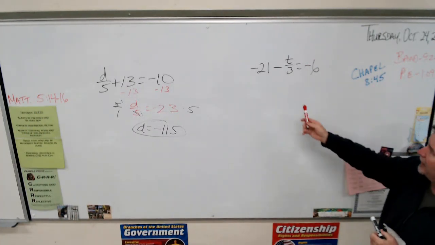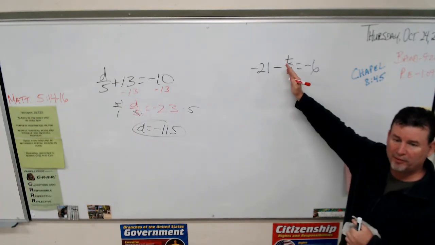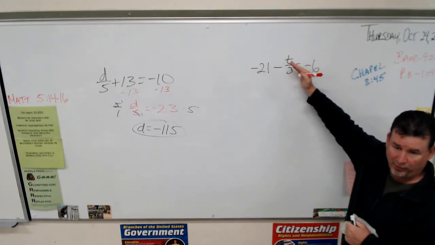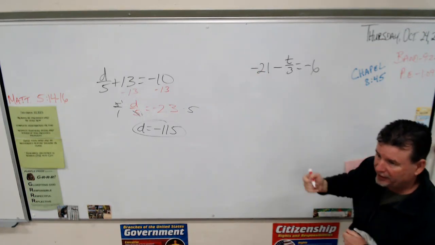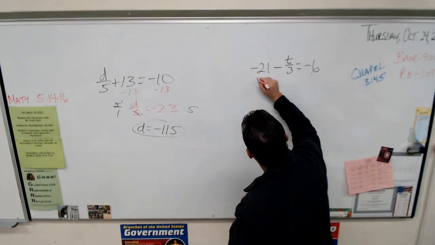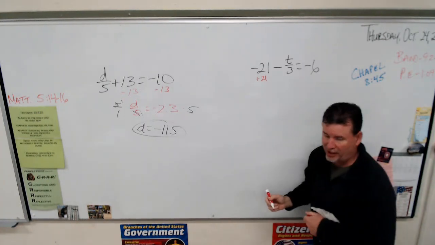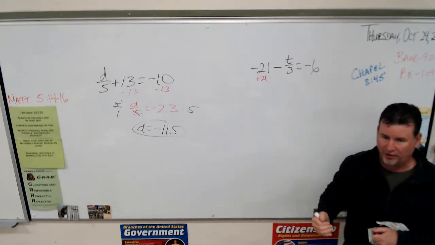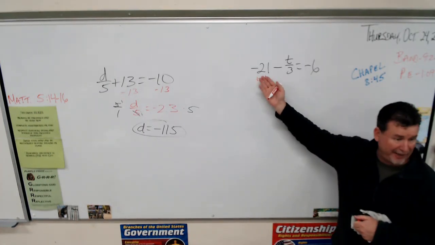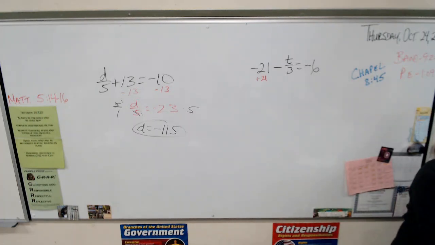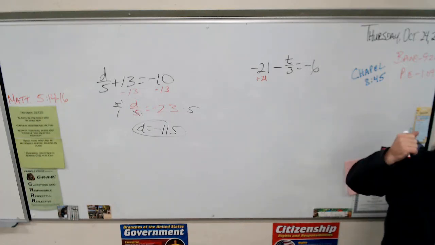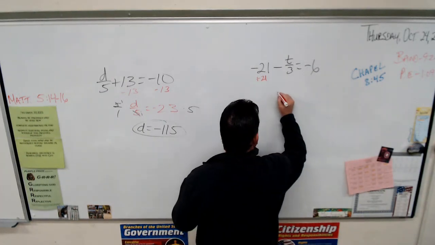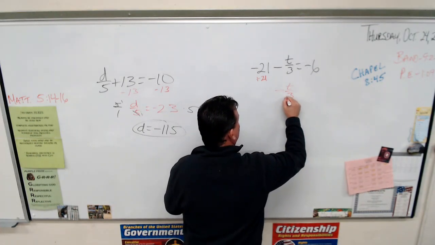To get rid of this guy, because I want to narrow this down to all I have over here is t, the first thing I got to get rid of is what's attached here. It's a negative 21. If I have negative 21 and then I add 21, that gets rid of that 21. All I'm left with over here now is negative t over 3.